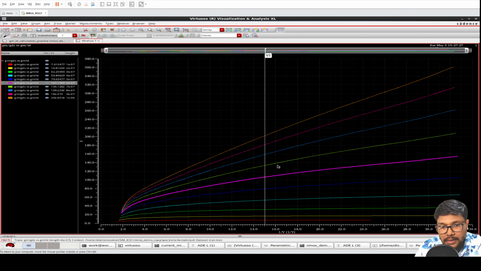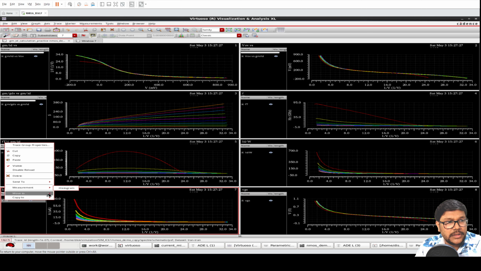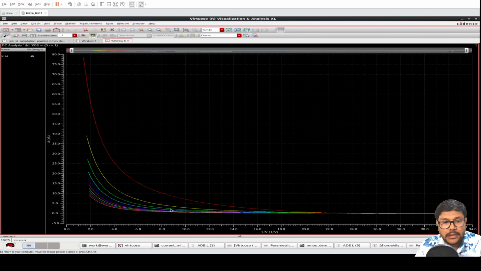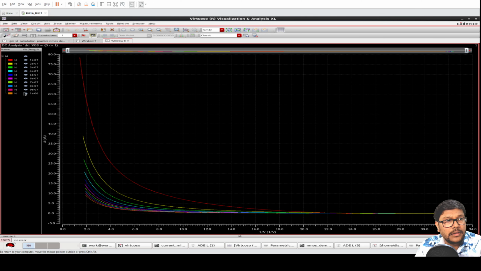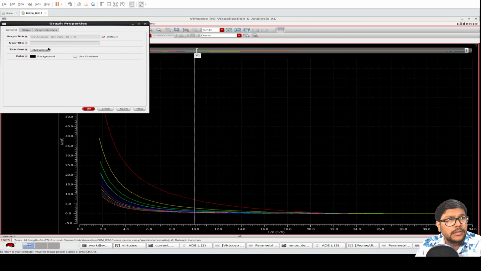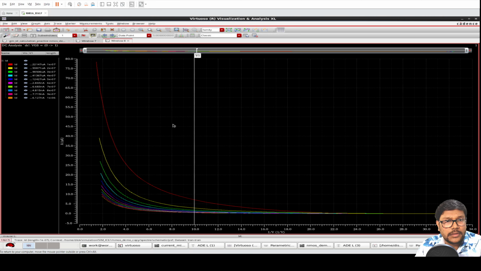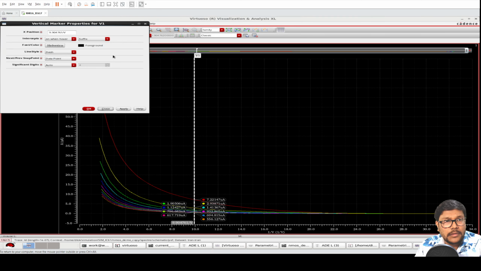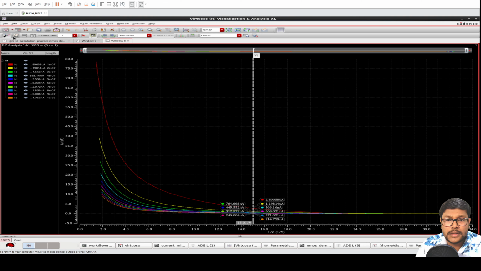Also for that one we have to see the current, because we have 10 microamps. So 600 nano, sorry, it is at 15. I need 5 micro.